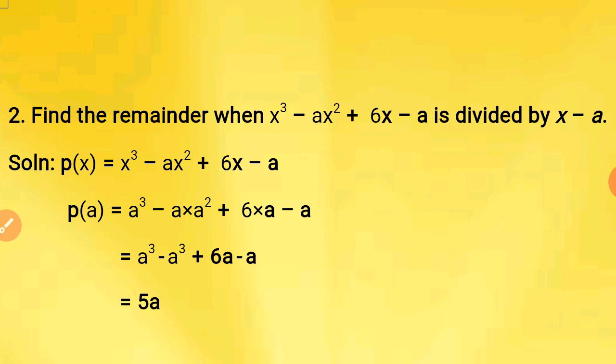So children, in the next step, in the solution part, you will see that p of x is written and x is replaced as a. So replace x as a everywhere, solve it out, you get the answer as 5a. So when you do the division, the remainder in this case will be 5a.